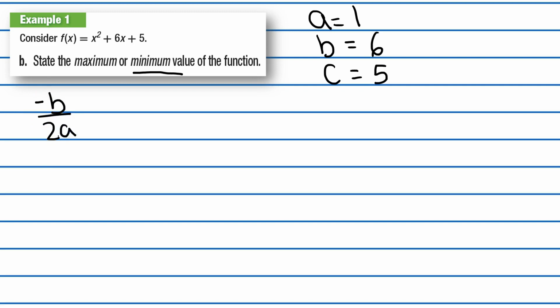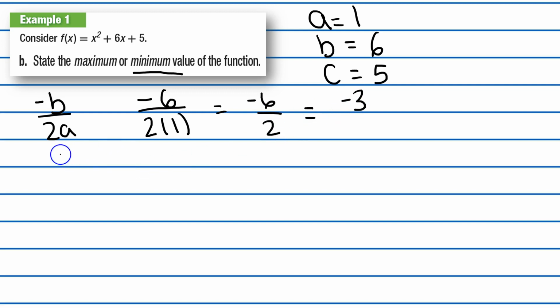This will help determine what exactly is the minimum value, and if you had a maximum, it would help you do the same thing. So we have minus, and we're replacing with the letters that we already know, 6 divided by 2 times a, which is 1. Negative 6 divided by 2 is equal to negative 3.